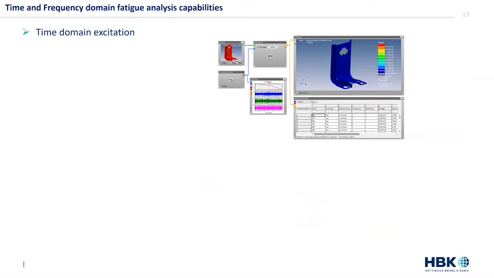The nice thing with time domain excitation is that you can do things that are more natural to do in the time domain. For instance, you get a better understanding of multiaxiality, and also things like the contribution of each mode to the overall damage are very easily done in the time domain.